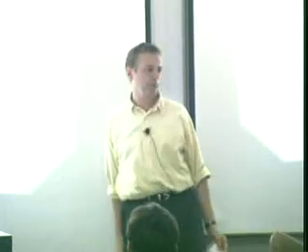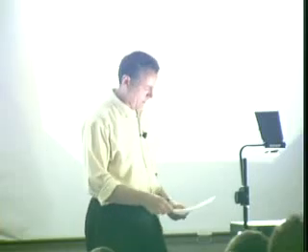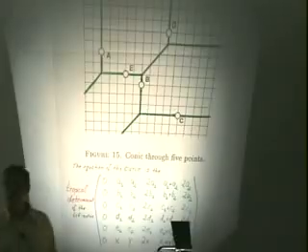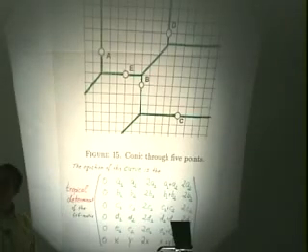Let me fill this picture with life a little bit. Okay, so in Cinderella, we click on the screen, 5 points, and there's a unique quadratic curve through them. So let's say we only click 4 points.